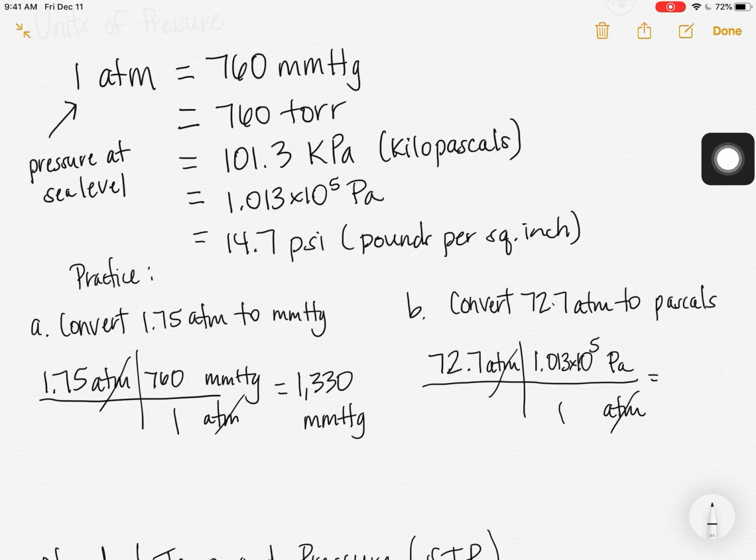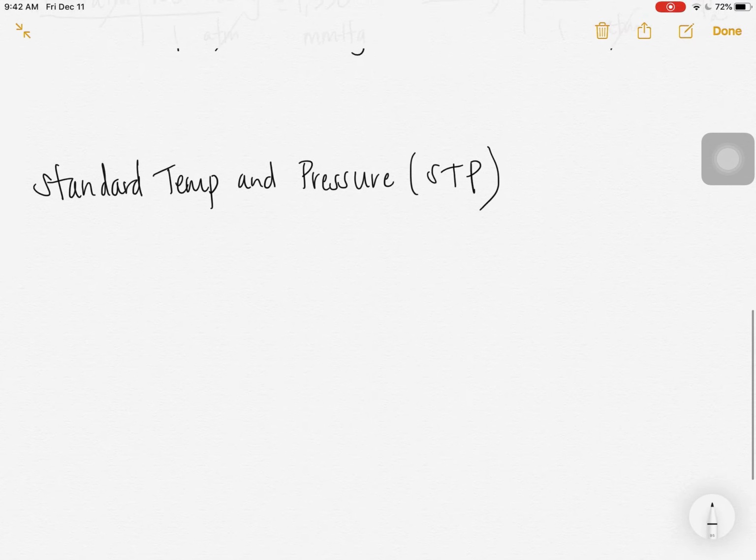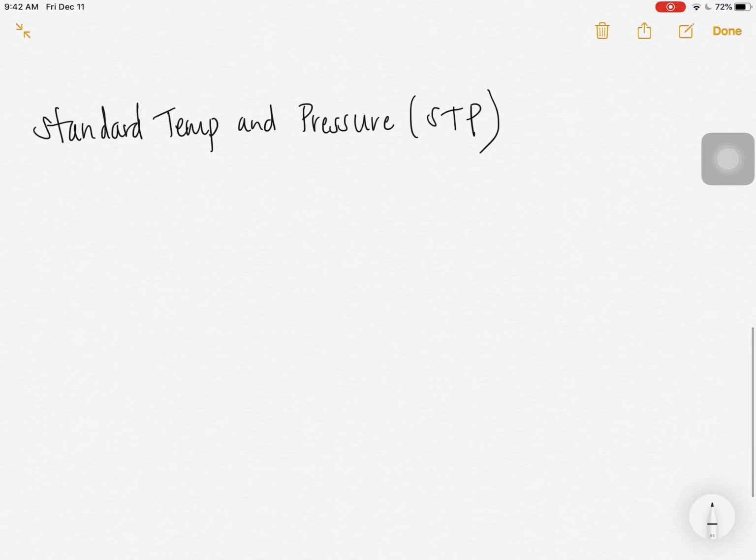It's going to be a big number, obviously. And again, I'm going to stick with 3 sig figs because they gave me 3 here. So to 3 sig figs, this comes out as 7.36 times 10 to the 6th pascals. So again, you should be able to use these conversion factors to perform conversions with pressure units.